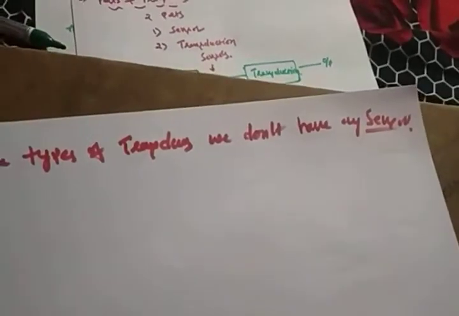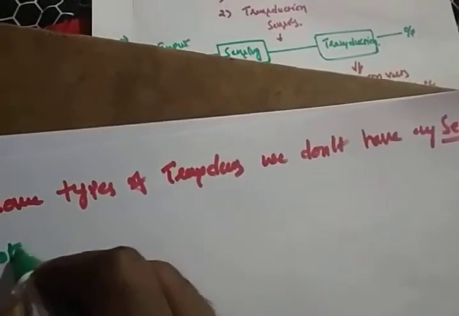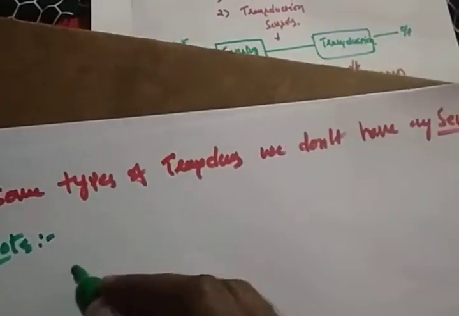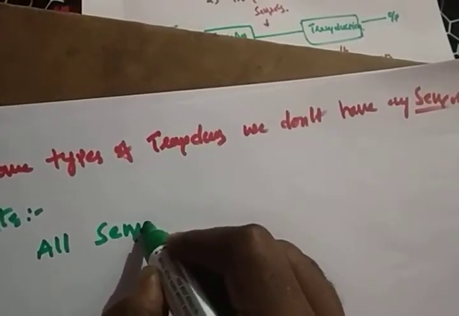The transduction element will act as the sensor there. I'll discuss an example of how the transduction element works as a sensor itself. So very, very important, note it down: all the sensors are transducers.